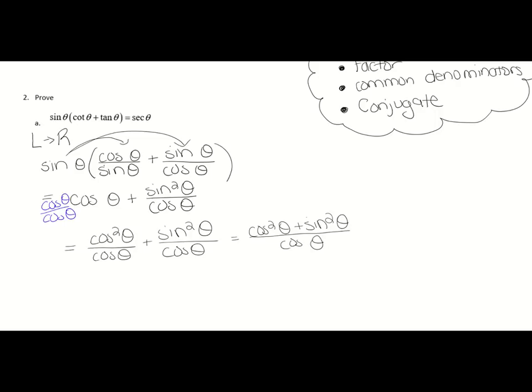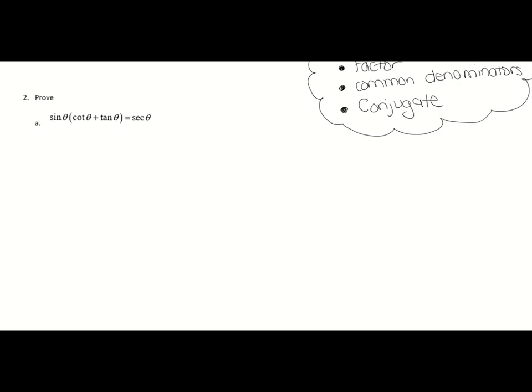But cosine squared theta plus sine squared theta is 1, from the Pythagorean identities. And I have 1 over cosine theta, but 1 over cosine theta is secant theta from the reciprocal identities. And you always are very happy when you get here, yay! All right, let's do another one.